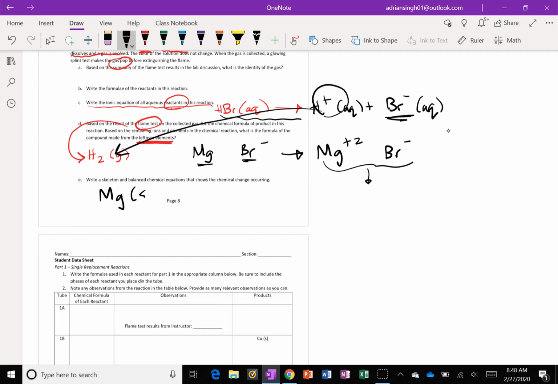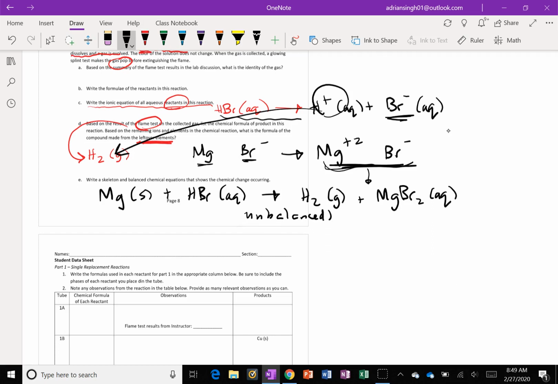So you have your magnesium solid reacting with HBr, aq, and now we know that produces hydrogen gas, and we also get MgBr2, which is the combination of these two things. That's your skeleton equation, and then you would need to balance it, because this is unbalanced. This is an example of a single replacement where the Mg kicks out the hydrogen, and the magnesium takes the place of the hydrogen.